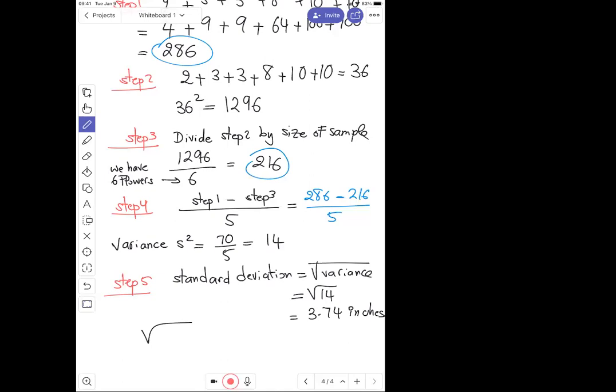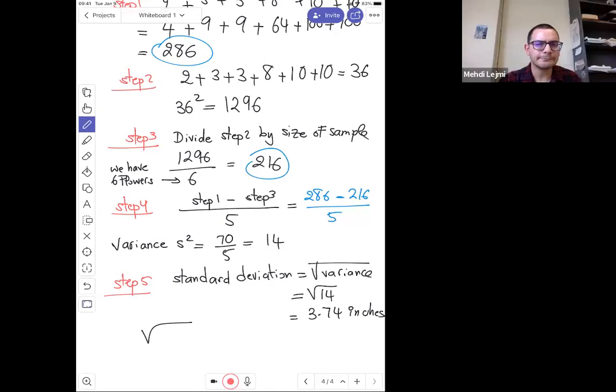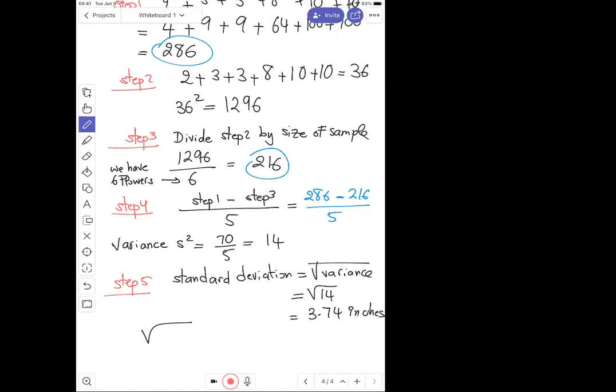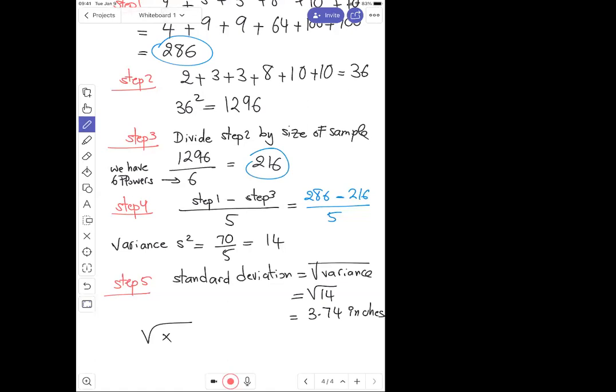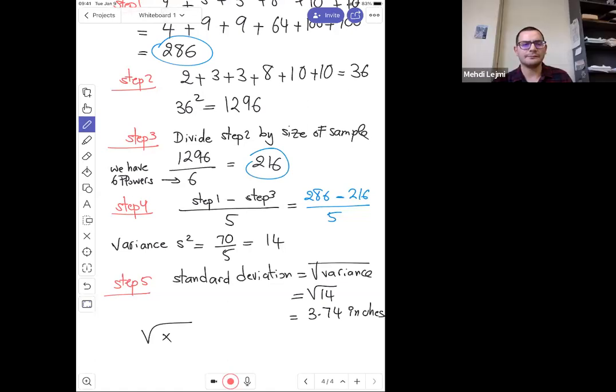Yeah, I have an X and then that square root thing. Then I have an X and a 2. And then I have another X and then the square root thing. Okay, that's fine.